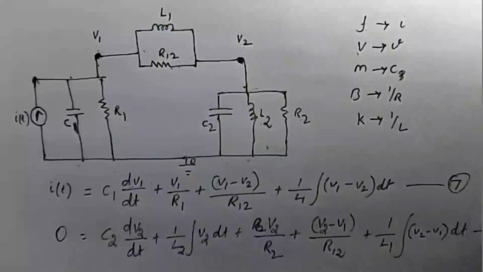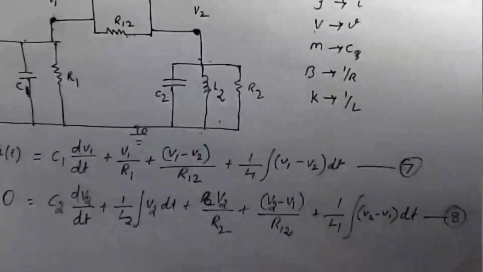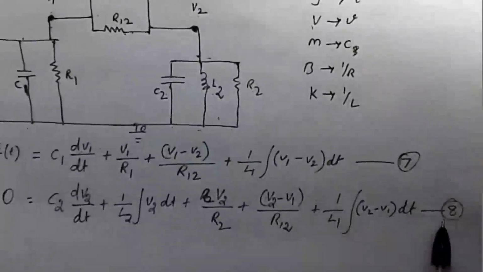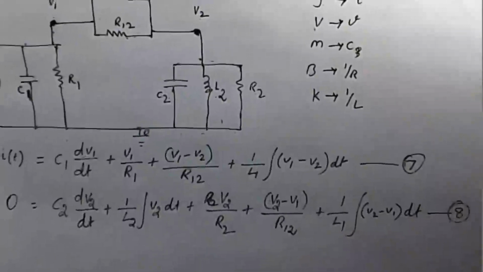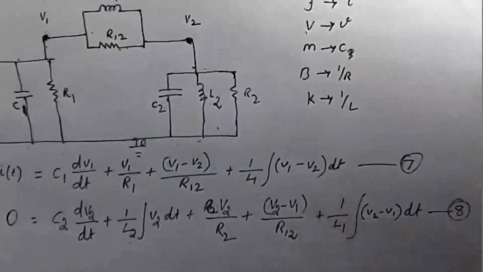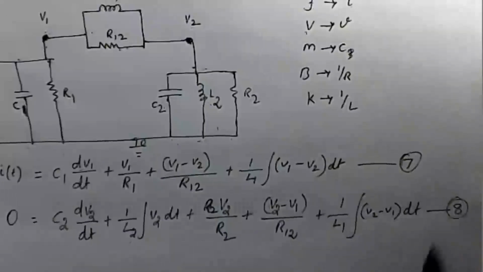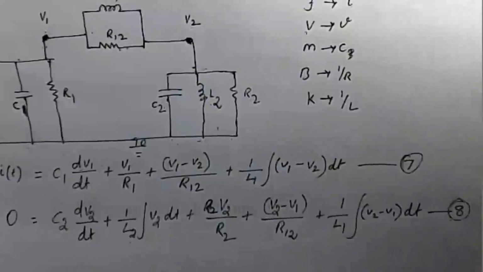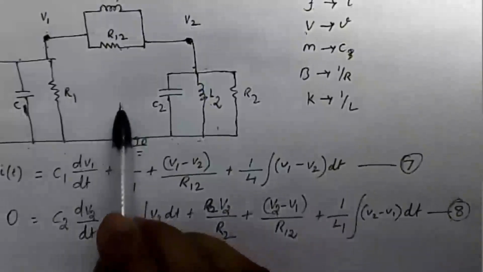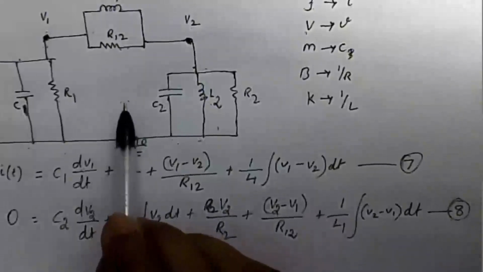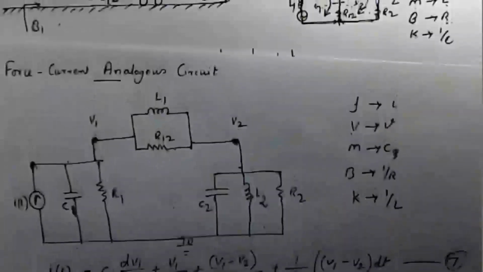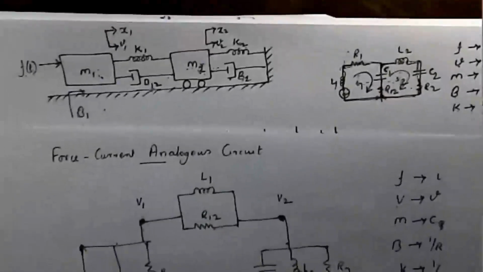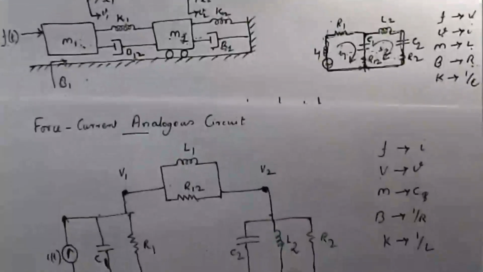This is equation number 8. Now compare equations 7 and 8 with equations 2 and 4. Equation 7 is similar to equation 2 and equation 8 is similar to equation 4. So this circuit is the exact force current analogous circuit for this given mechanical system.